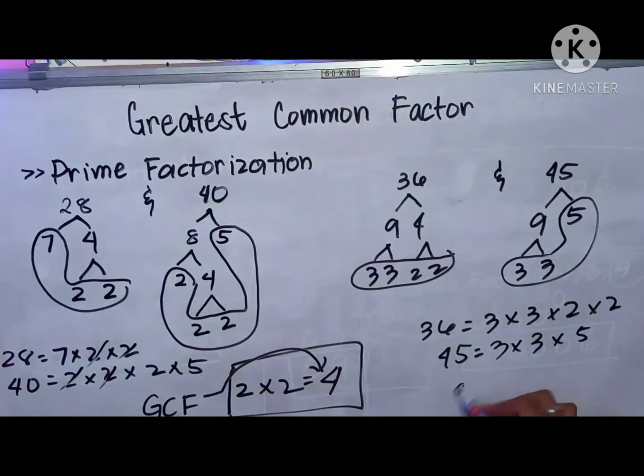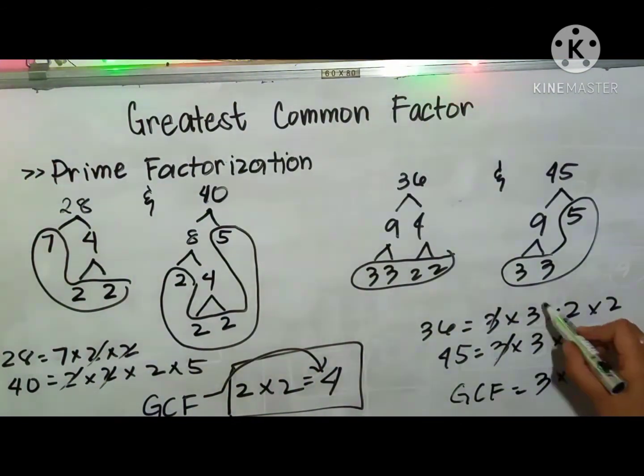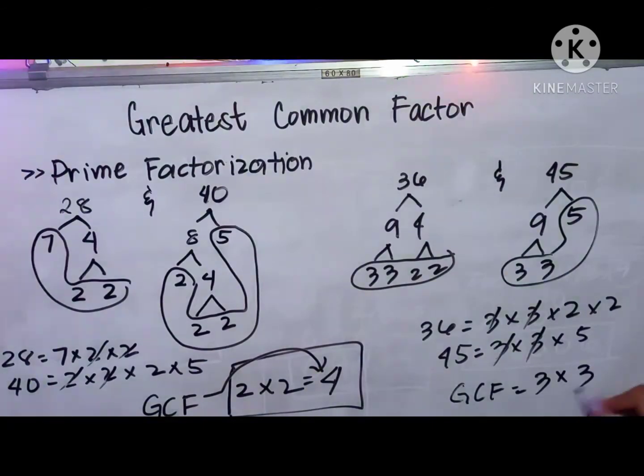So, isulat na natin dito ang GCF or greatest common factor equals, kunin natin yung pairs na meron sila pareho. Meron siyang 3, meron din siyang 3, times, meron ditong 3, may isa pang 3. So, may pair sila ng 3, another pair ng 3. Now, may 2 rito, wala naman ditong 2. Another 2, wala naman ditong 2.